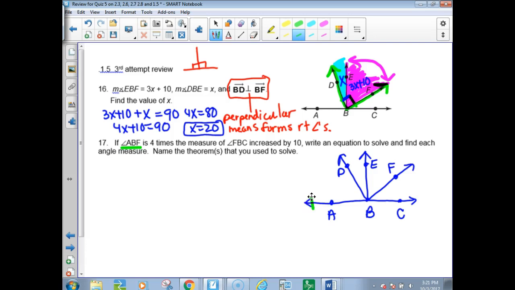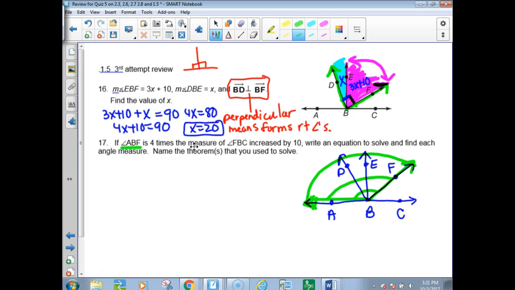Okay, angle ABF goes from here through B to F. Okay, that's that angle, all the way to there, including all the stuff inside here. It just keeps getting wider as the rays go out. It's not changing its measure by having the rays extend. You can keep drawing that forever.